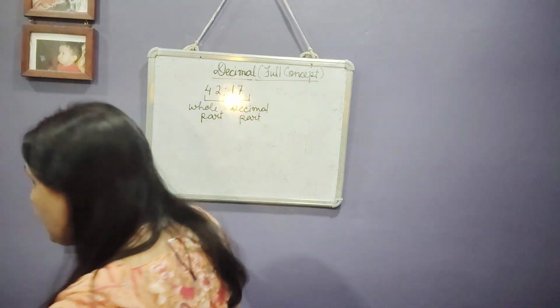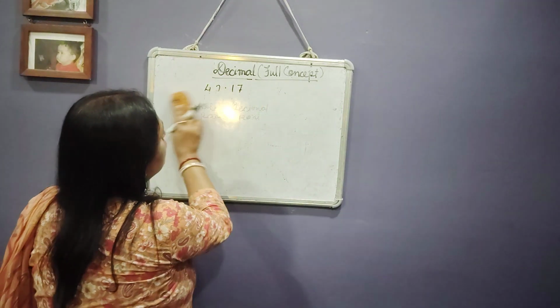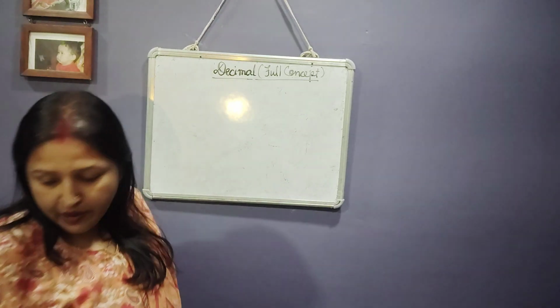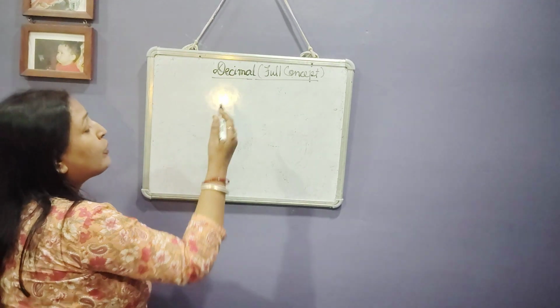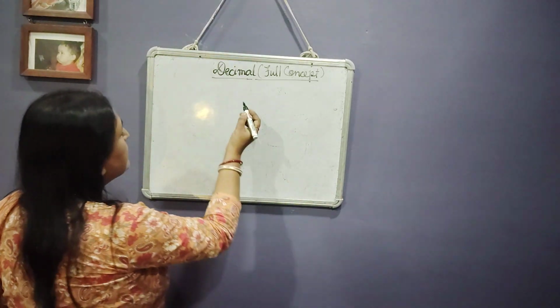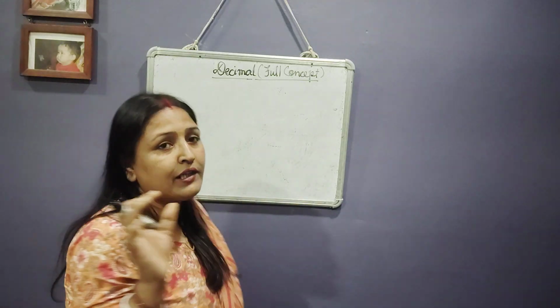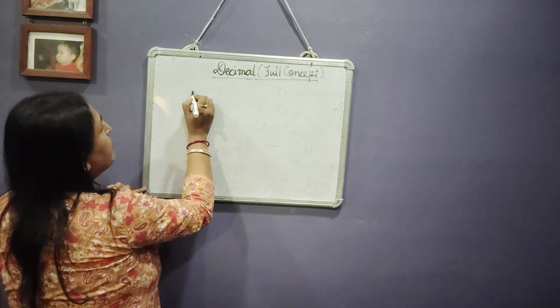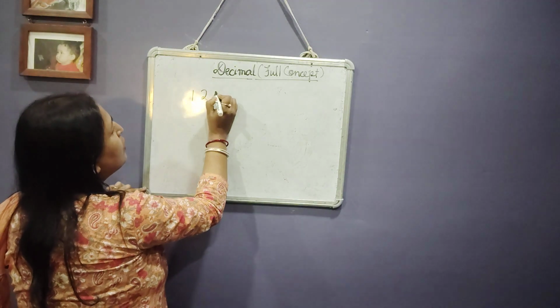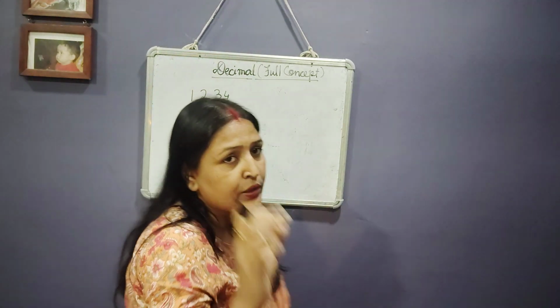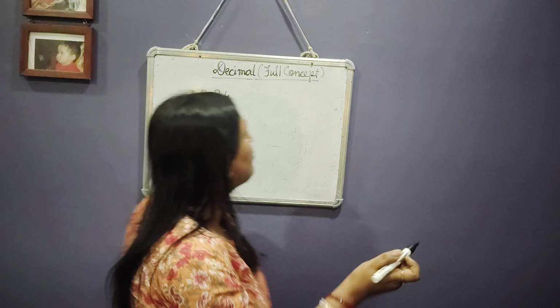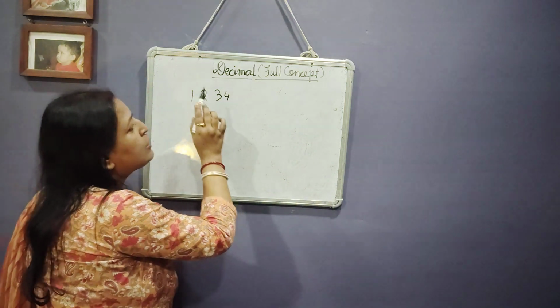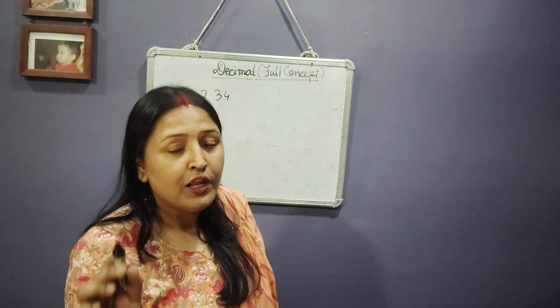In order to know this, you should know the place value, that is, how to read a decimal number. Students, when you read a whole number, how do you read it? Say, for example, there is a number 1234.